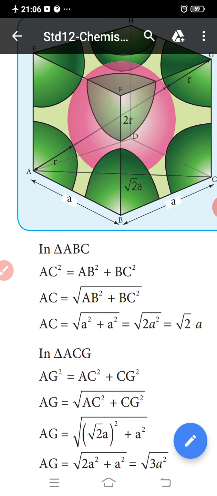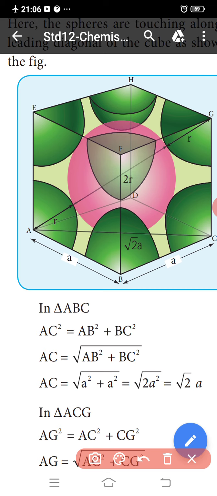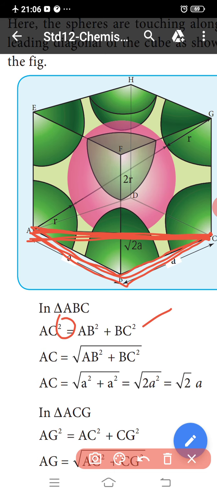Triangle ABC, the first one. This is the first right triangle. So AC squared is equal to AB squared plus BC squared. So AC is equal to the root of AB squared plus BC squared.